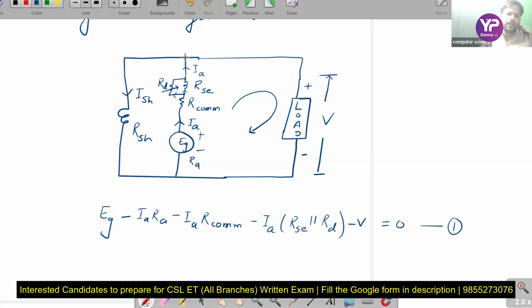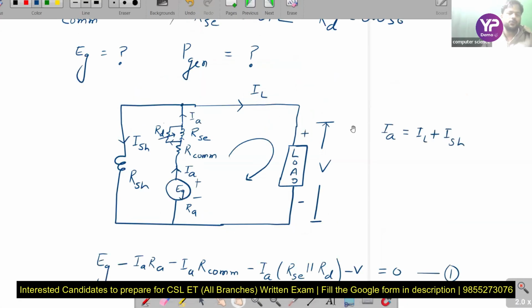So if we apply KCL at that node, then incoming current IA is equal to outgoing current IL plus ISH. Here we need to find IL and ISH, so we get the armature current.